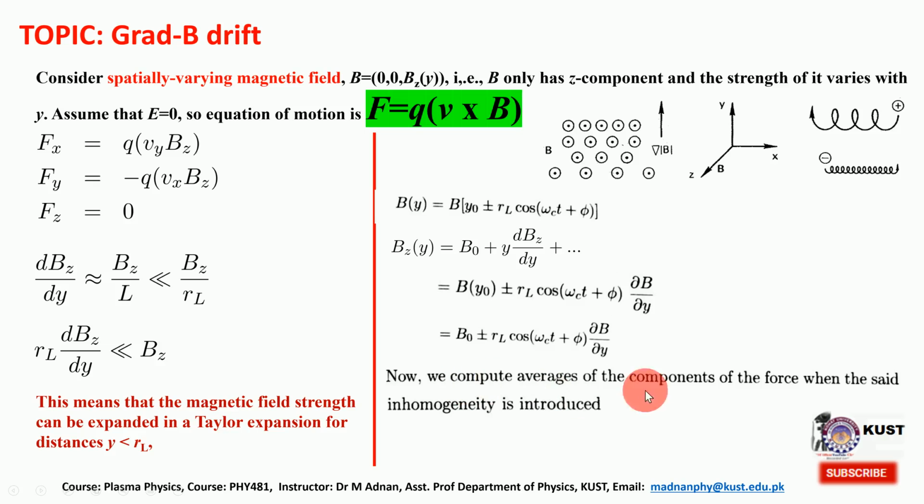So now we compute the average of the components of the force when the said inhomogeneity is introduced. That is, we are interested to find out the average force per cycle along x and the average force per cycle along the y coordinate once this B field is given by this expression, that is, this B field is not homogeneous and is varying along the y direction.